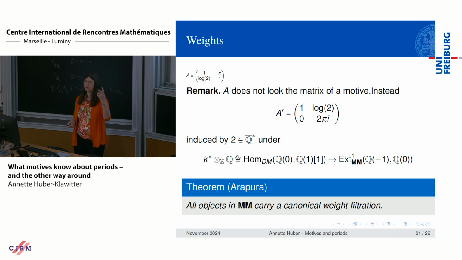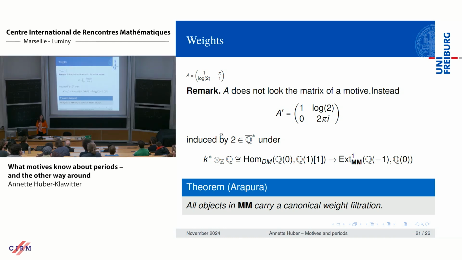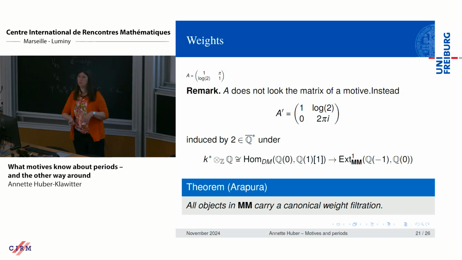And then because I'm working with rational coefficients, it's K star tensor Q. And in this Hom group here, I'm taking the number 2. It's an algebraic, invertible algebraic number. So it gives me an element here in this Motivic cohomology. And then via the realization, that's the one from DM to D of MM, this gives me one extension of Nori motives.